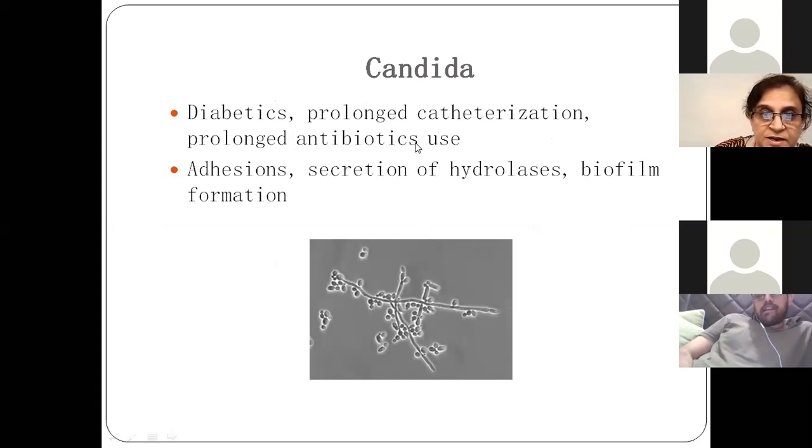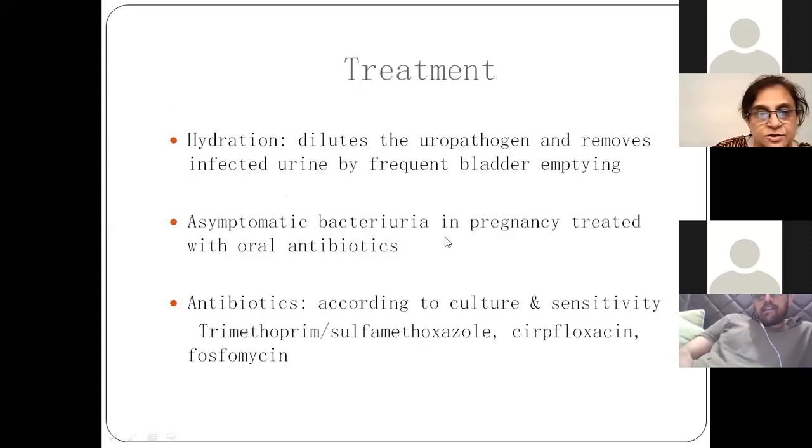The antibiotics don't just kill the organisms for which they are being taken, but they alter the normal flora also. So when there is no normal flora, the Candida are going to proliferate and can cause infection of the urinary tract. They also have adhesins, secrete hydrolases, and can form biofilms. So Candida can also cause urinary tract infection.